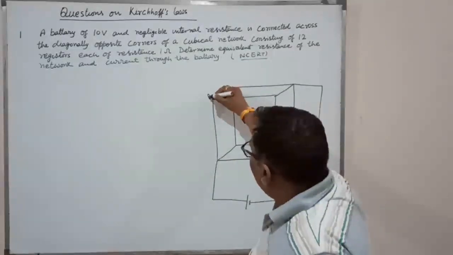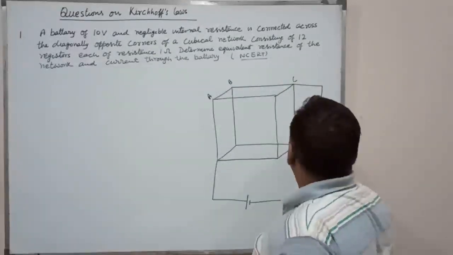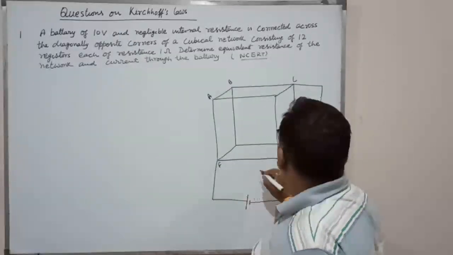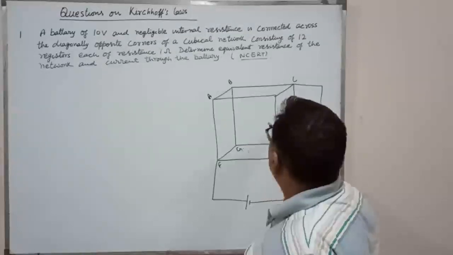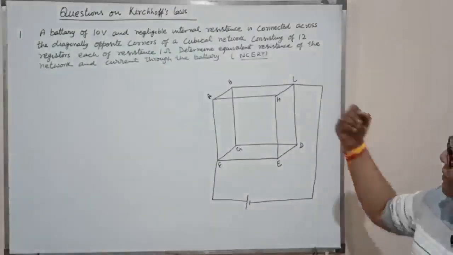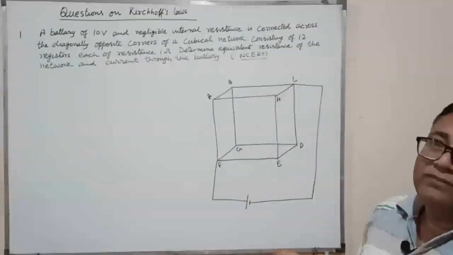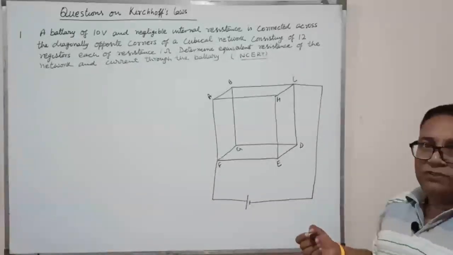Then these are the corners A, B, C, D, E, F, G and H. Clear? When we solve this problem on the basis of Kirchhoff's law, first we start with the current distribution.